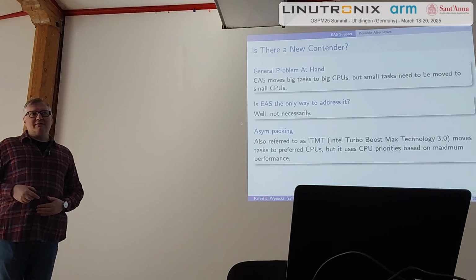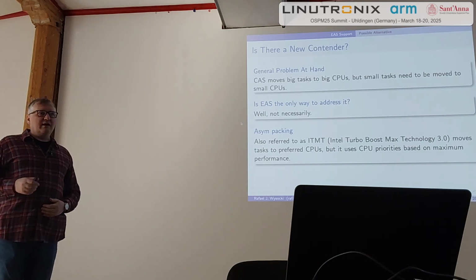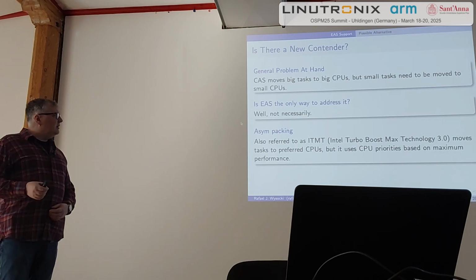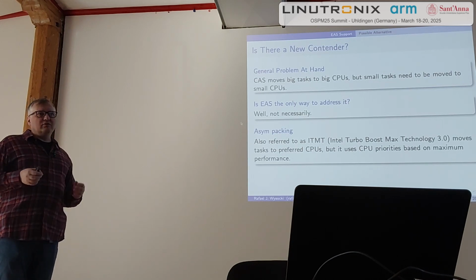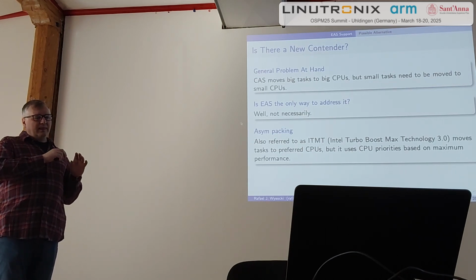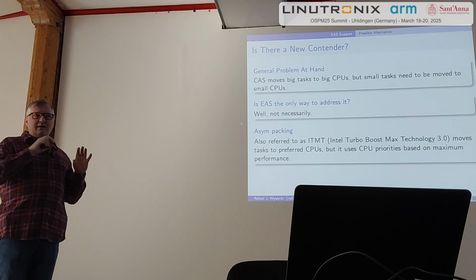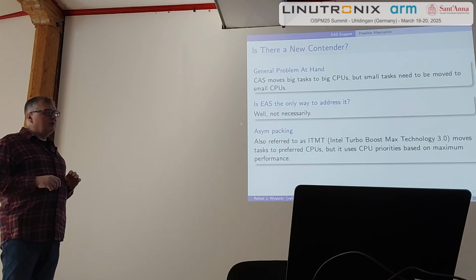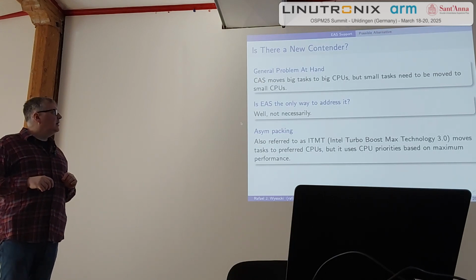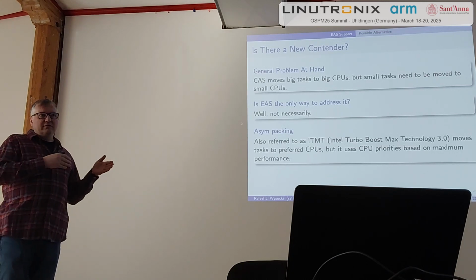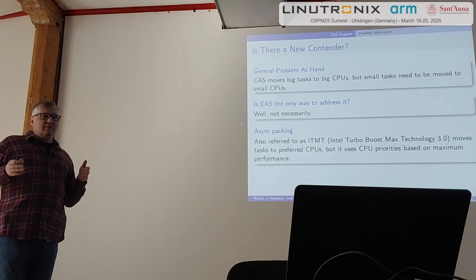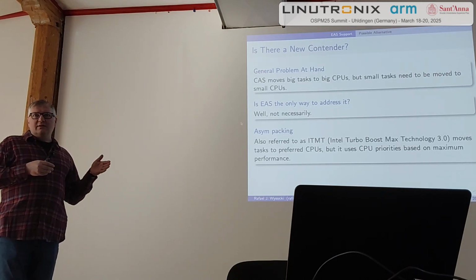There is one more thing that can be done in principle instead of it. What we need is a way to pull low utilization tasks from big CPUs when small CPUs are available. One way to do it is to use EAS. It works in the wake-up path mostly.